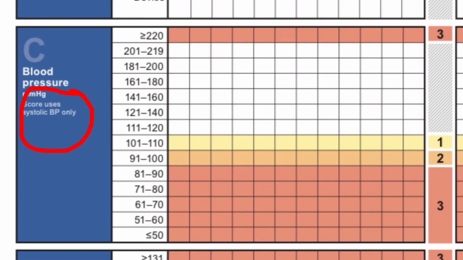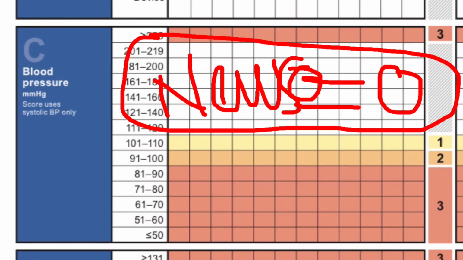Let's see the highest score, 3. If the systolic BP is above 220, the News score is 3. In between 111 and 219 is a News score of 0.